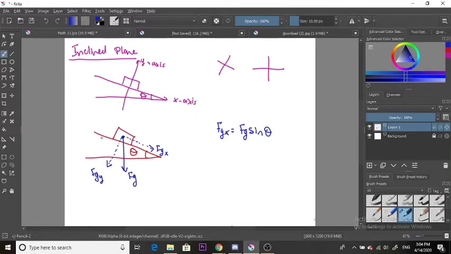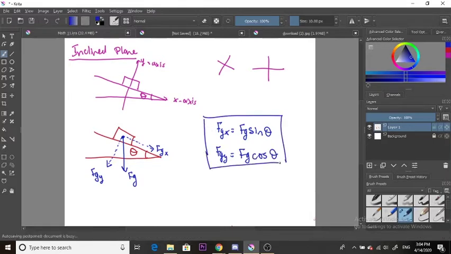But because our axis is tilted in a way, using properties of angles, we would find that we actually have to use sine for this. And then just similarly, instead of using sine for our y, we would have to use cosine. So these are the special formulas for the inclined plane.